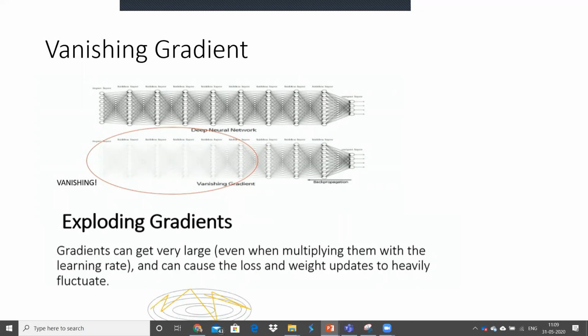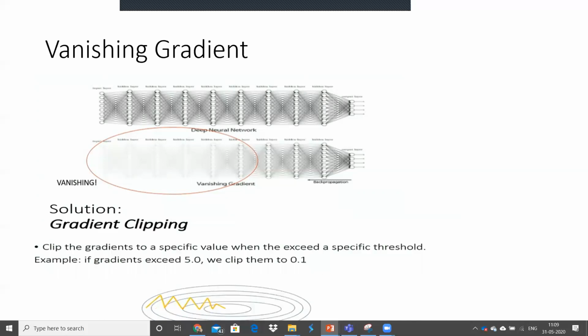Okay, so in this scenario, previously my weight is over here, then it fluctuates from here because my learning rate is too high, then it goes here, and then it reaches somewhere else. So it would not be easy for the weight to reach the global minima, right? It will fluctuate here and there, and the accuracy would not be what we are expecting.